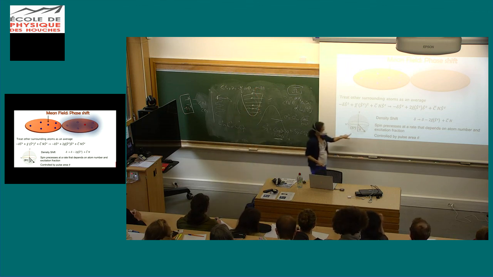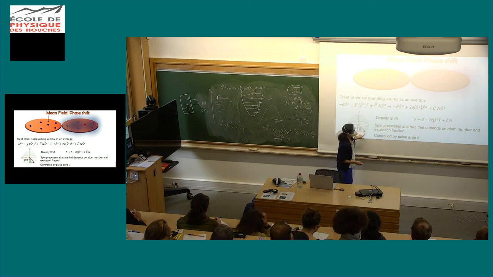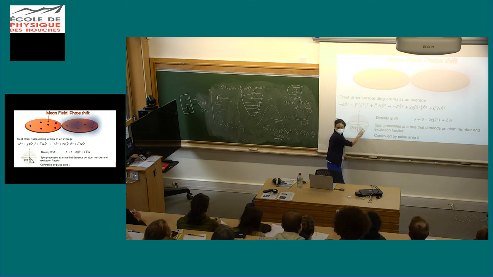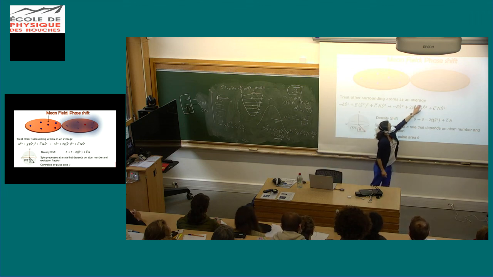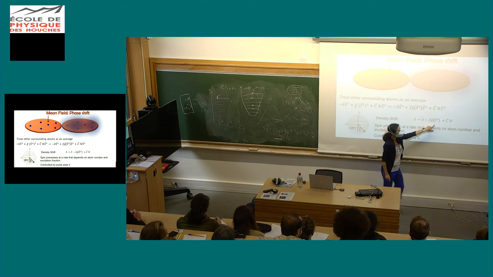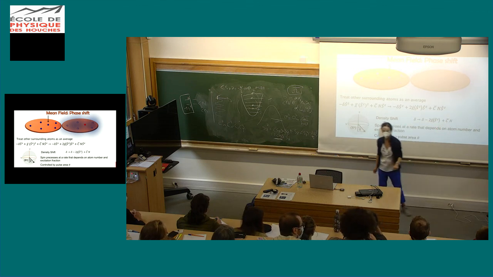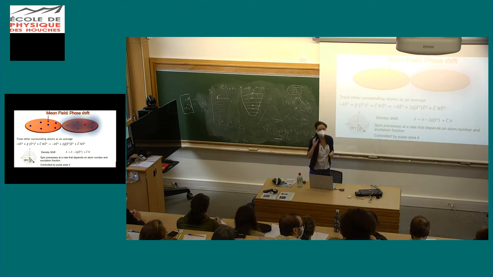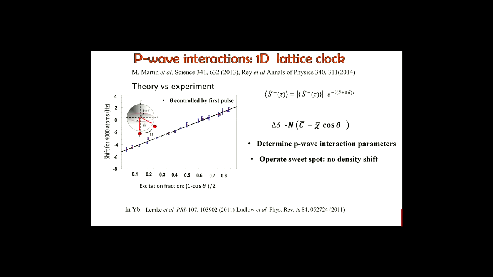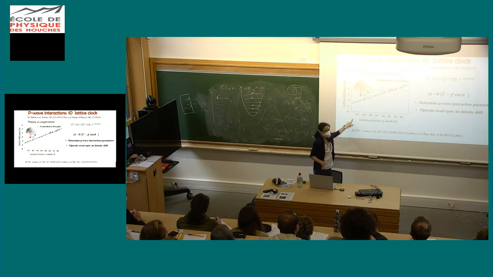So that means that my density shift is going to be proportional only to the pulse area, proportional to the cosine of this. And then this is another term that is just a constant. Now let's compare this very trivial formula with what they measure in the clock. So they change the excitation fraction by changing the pulse area.